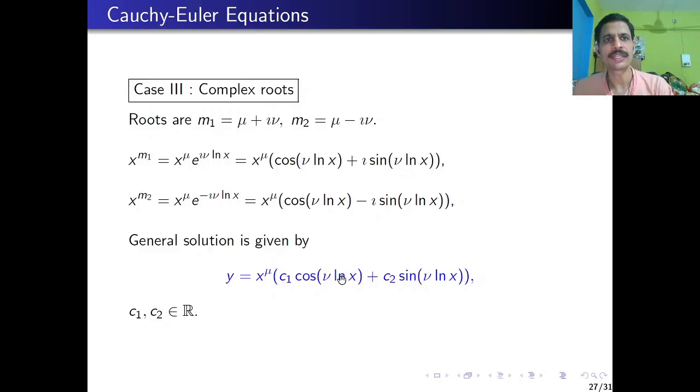So these were the three cases that arise in the Cauchy-Euler case, and you can clearly see that these two solutions are linearly independent because the ratio of the two solutions, namely the y1 part and the y2 part, is tan of nu ln x, which is not constant.